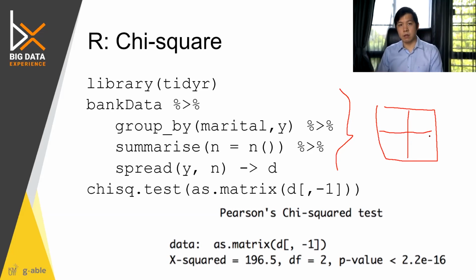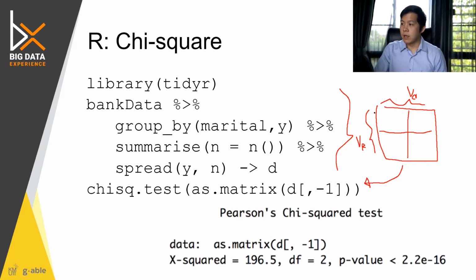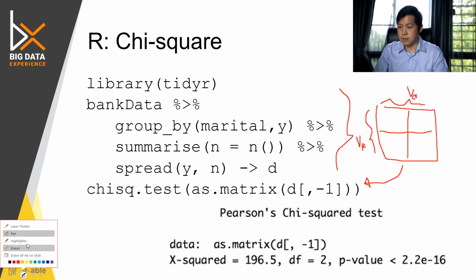And then from this cross tabulation, we put it in as a matrix into the chi-square, and then chi-square would assess the association between row variables. I put it as VR and VC, the variable in row and variable in column, and it will assess the association between them. You can see that Marito and Y, there is a certain association between them through this assessment.